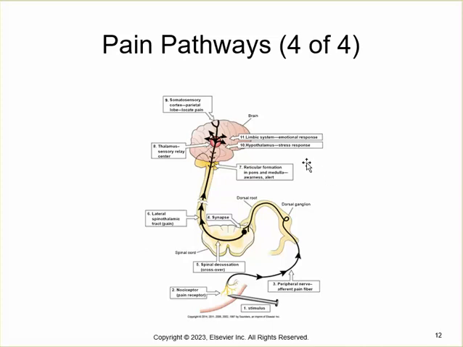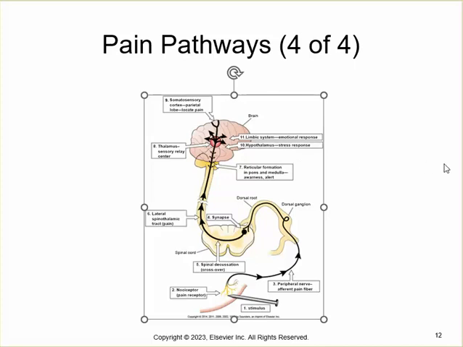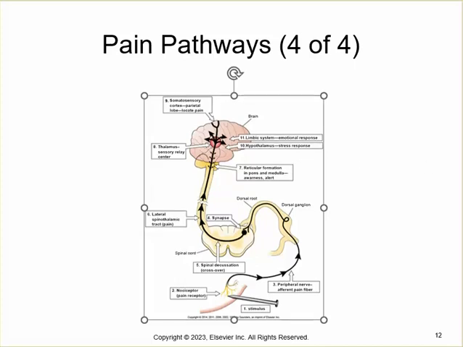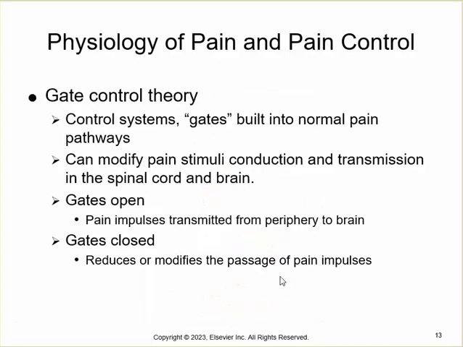Now, in the 1960s, there were two scientists named Melzack and Wall, and Melzack and Wall created what's called the gate control theory of pain. And it's a pretty accurate representation of what happens.